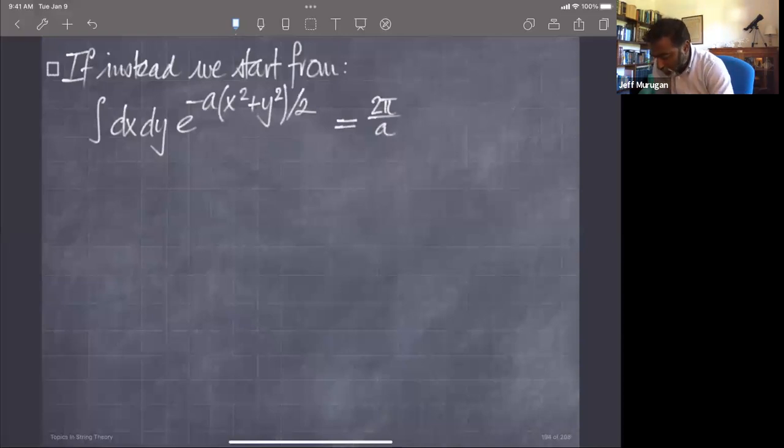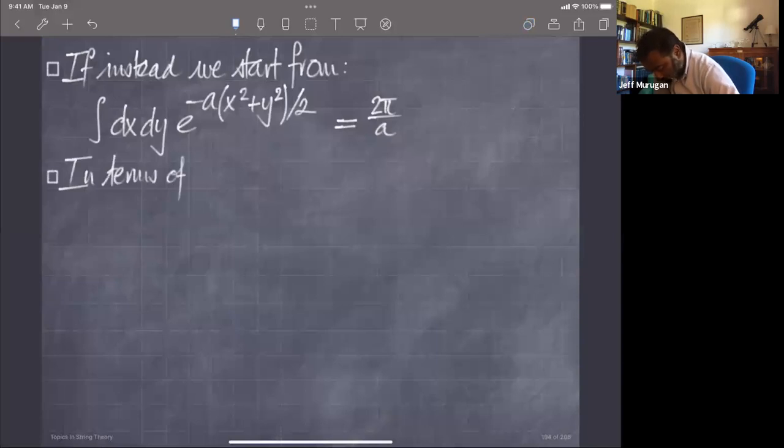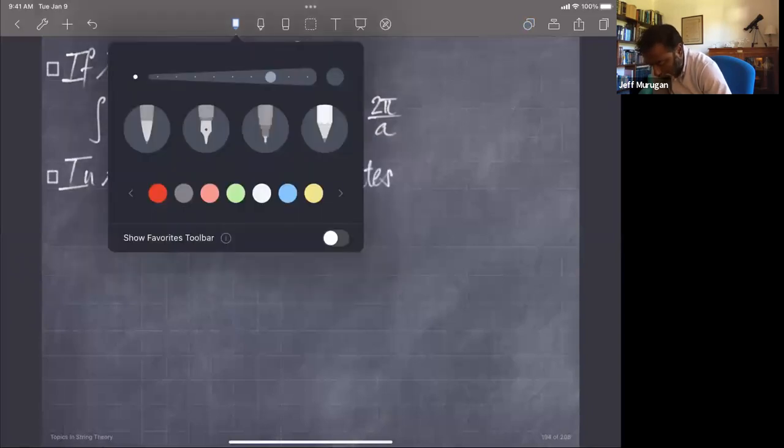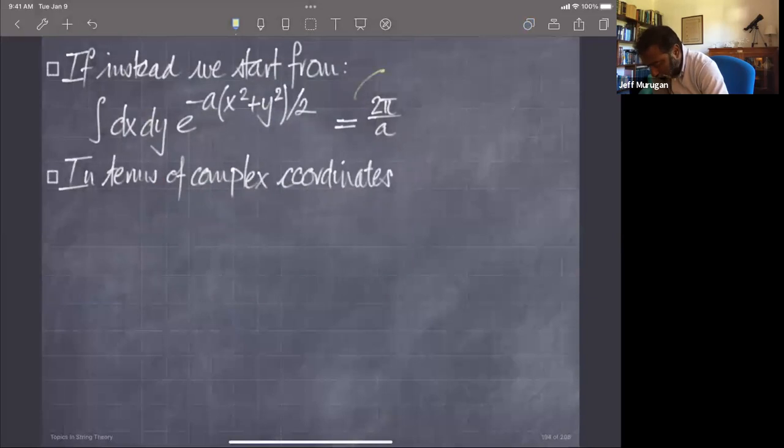So now let's go to complex coordinates. I should emphasize that this integral is done on R2.